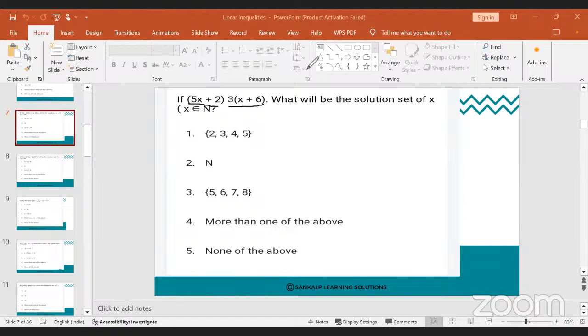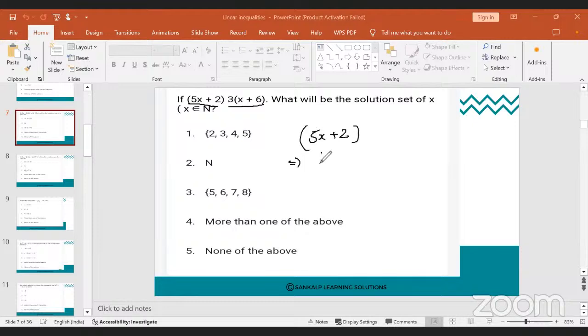So students, already we have the first equation, 5x plus 2.